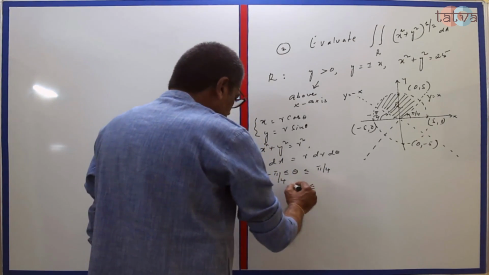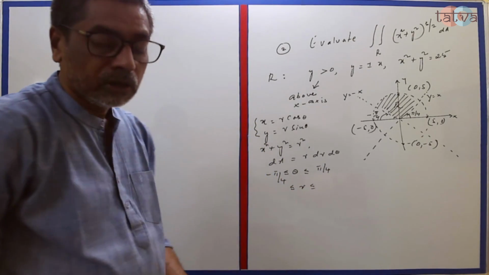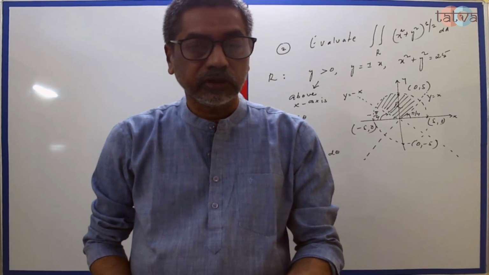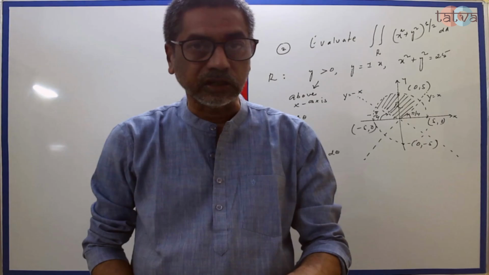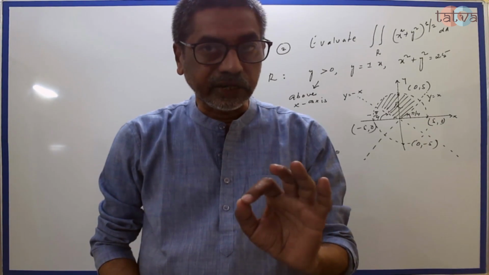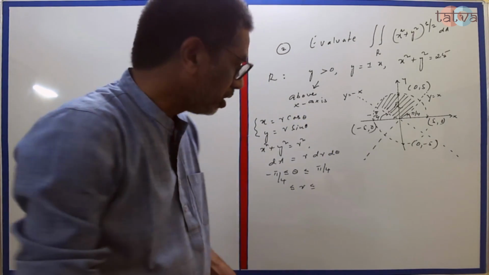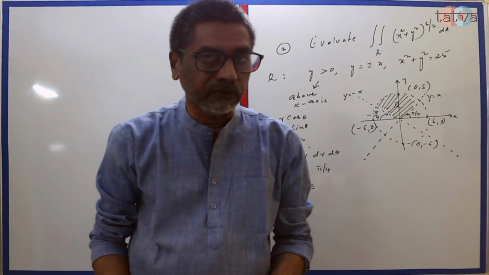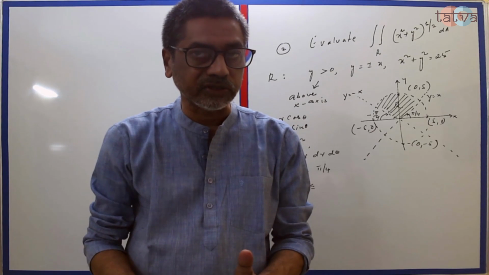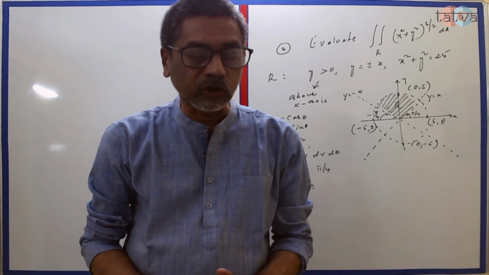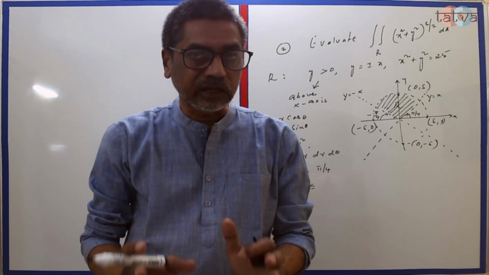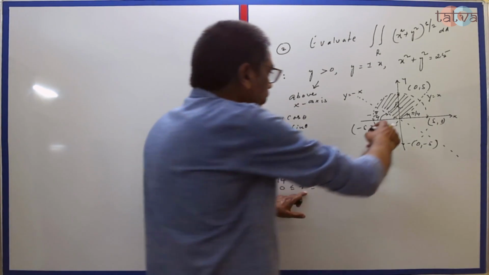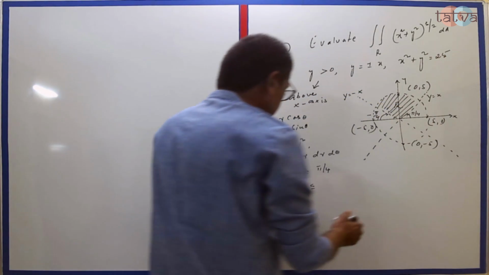Then we'll have to talk about r limits. Always remember one thing. Any part of a circle, whether it's a full circle or a sector of a circle, which has center at the origin, will have 0 as a lower limit of r. Once again, if you have a circle or a part of a circle whose center is at the origin, then just keep the lower limit of r as 0. The upper limit, of course, will be whatever is the radius of this circle, that happens to be 5 units.